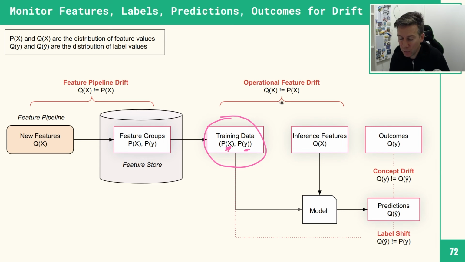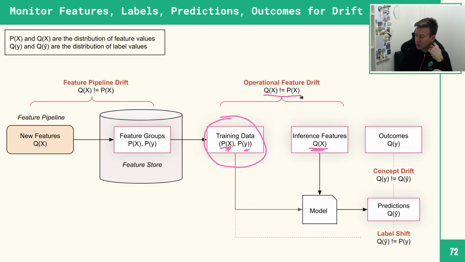In that case, the new data that's coming in, the new features that we're going to score the model on, we call that the inference features here. So this is the inference data coming in that we're going to make predictions with. And the inference features are defined under the distribution Q of X, whereas the training features were defined under the distribution P of X. Now, if Q of X is significantly different from P of X, we can have what we call feature drift.